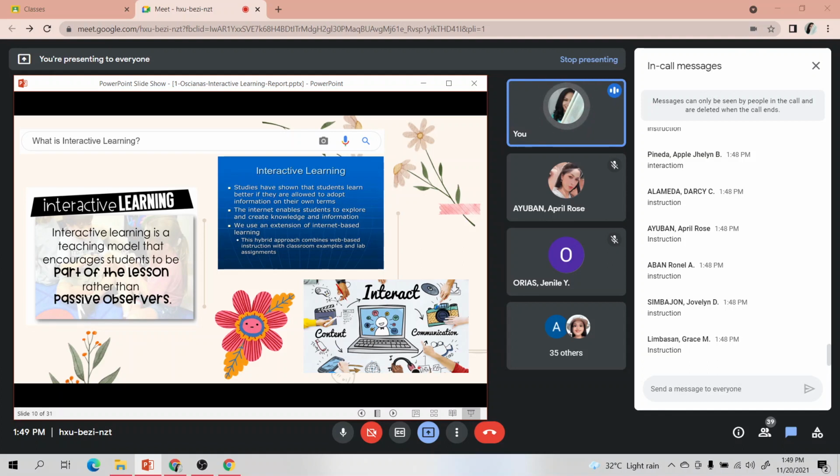This hybrid approach combines web-based instruction with classroom examples and lab assignments. As you can see in the picture below, there is content, and then there is interaction and communication. So it's a cycle. That is interactive learning.